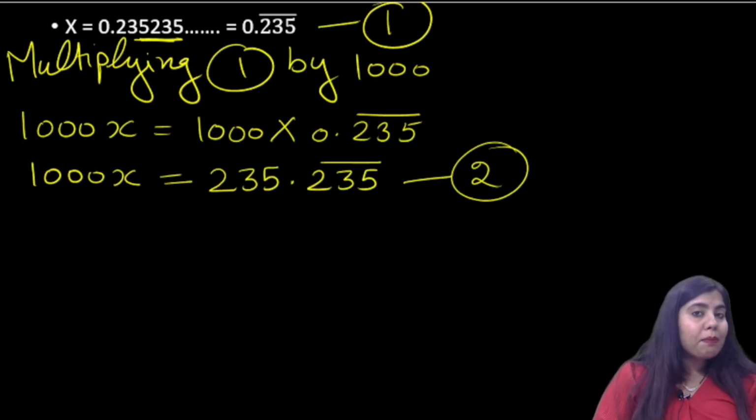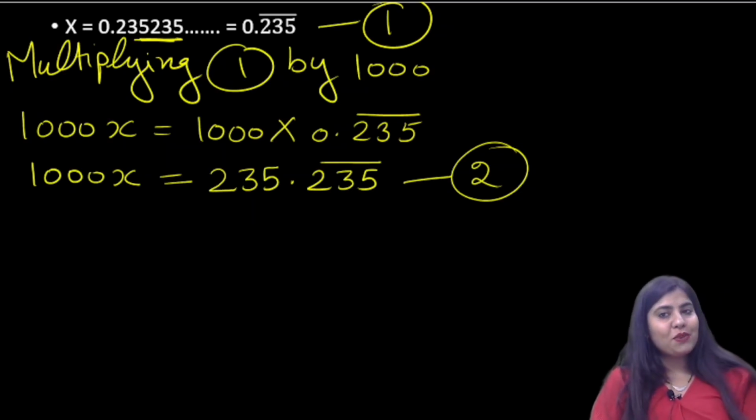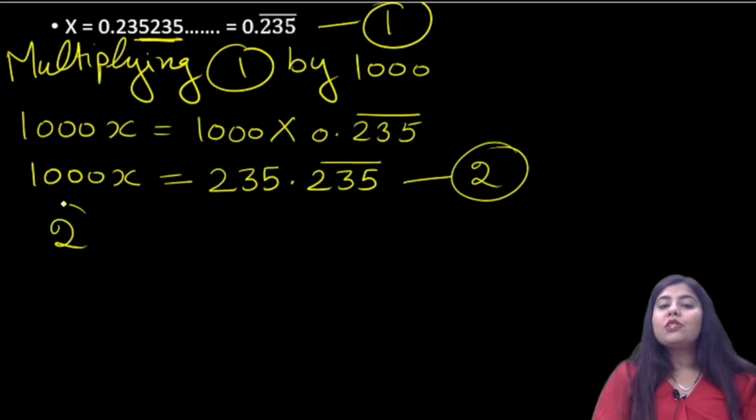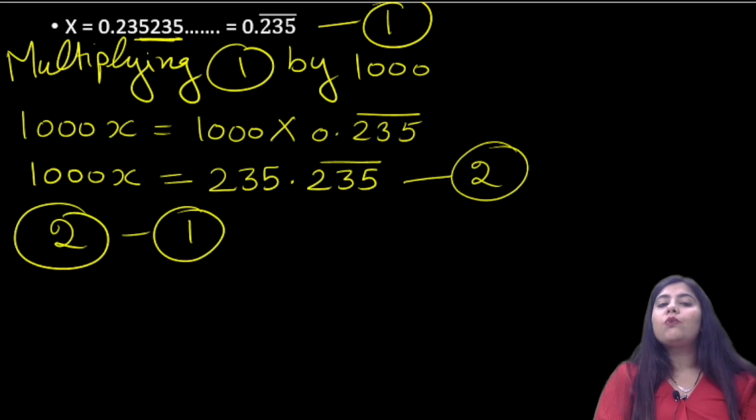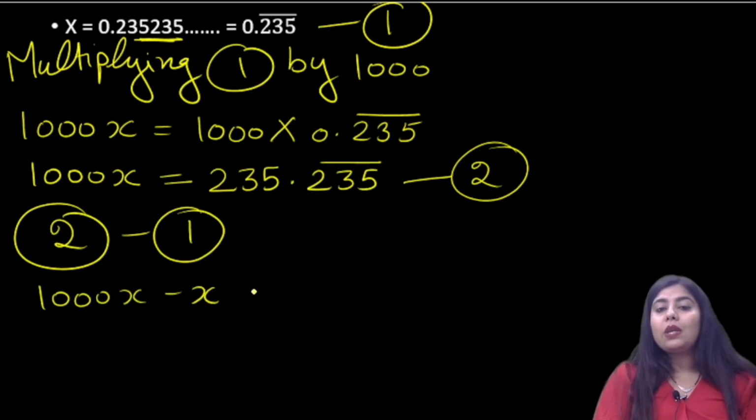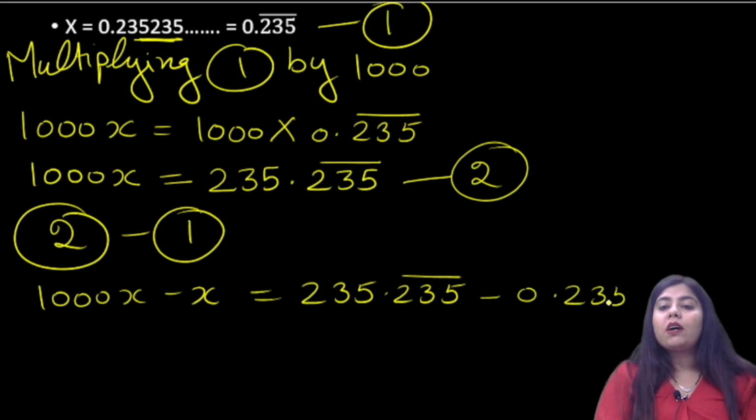Now the next step, we just have to subtract equation number 1 from equation number 2. Means equation 2 minus equation 1. It is 1000x minus x equals 235.235 bar minus 0.235 bar.